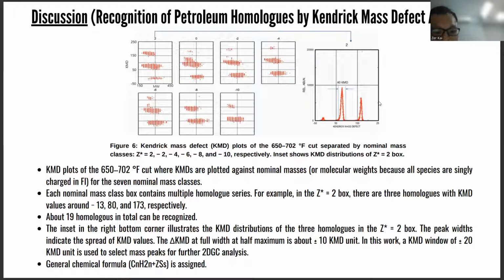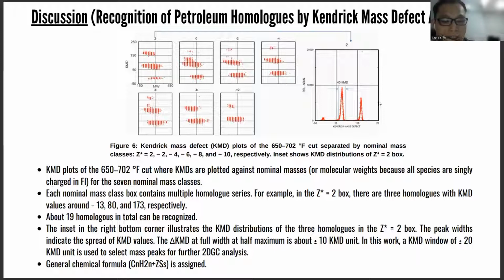About 19 homologous series in total can be recognized. The inset in the right bottom corner is the KMD distribution of the 3 homologous series in the Z equal to 2 box. The peak widths indicate the spread of the KMD values.